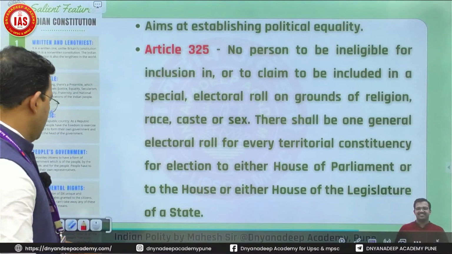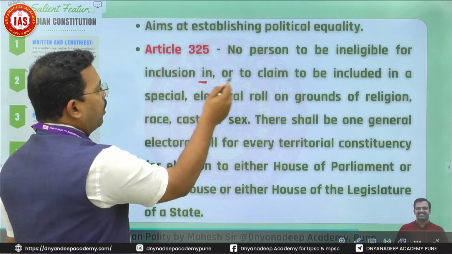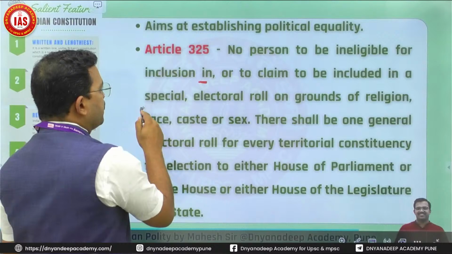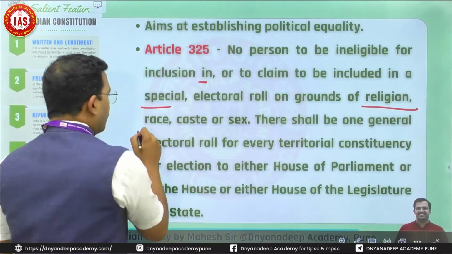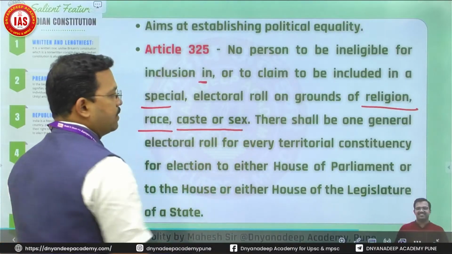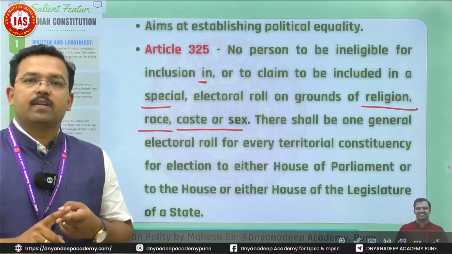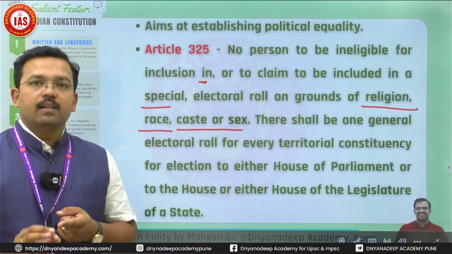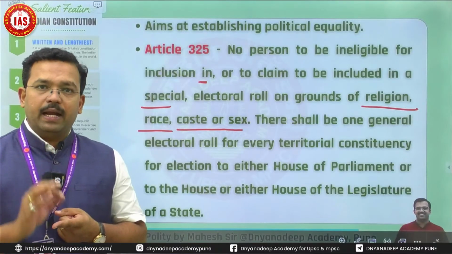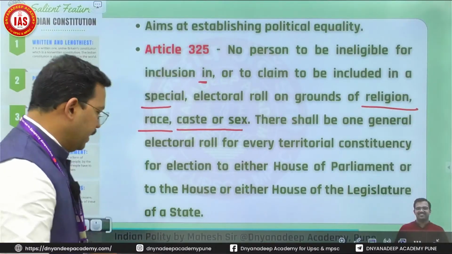No person shall be ineligible for inclusion in a special electoral roll on grounds of religion, race, caste or sex. So Article 325, no discrimination. Article 326, universal adult franchise, and the 61st Amendment Act reducing voting age from 21 years to 18 years.